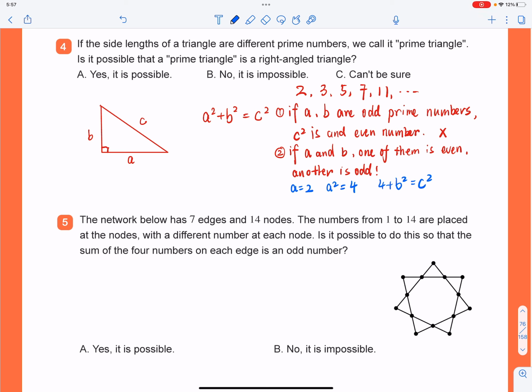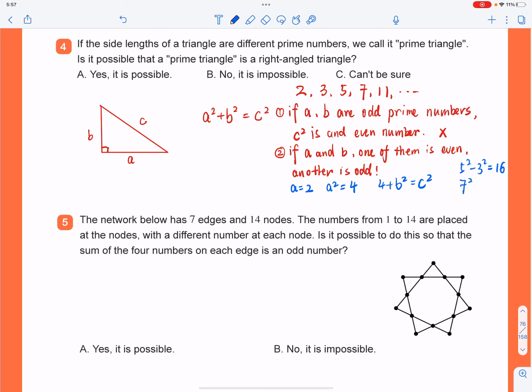And now we can try some adjacent prime numbers after 2. For example, if C equals 5 and B equals 3, you'll find that 5 squared minus 3 squared equals 16, right? And that is much larger than 4. It's not possible. And then we can try the next two prime numbers.